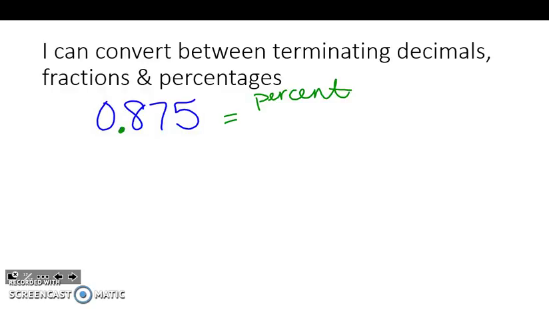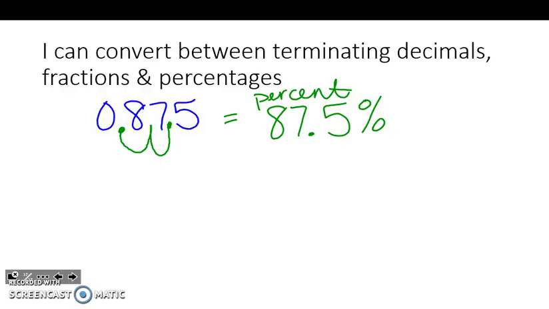So if the decimal is right here in front of the 8, we need to move it 2 spaces to the right. So 1, 2. So we now have the decimal in between the 7 and the 5. So 0.875 turns into 87.5%. And you have to put the percent sign there.